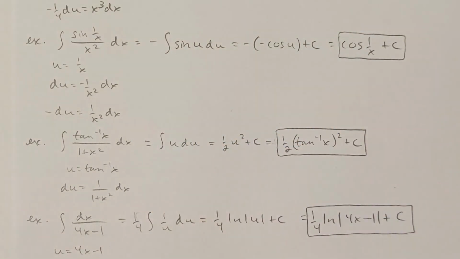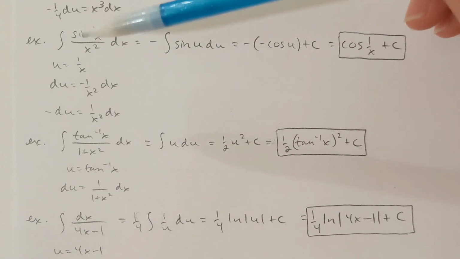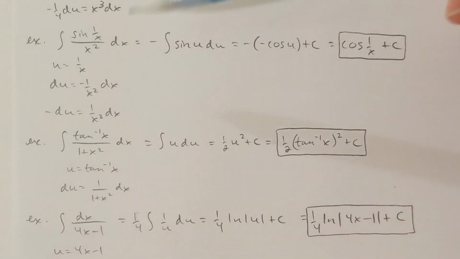Okay, here's another one. Let's integrate sine of 1 over x, divided by x squared, dx. I've mentioned earlier, it is so important that we remember our differentiation rules. I've got to see an expression whose derivative is also part of the integrand.